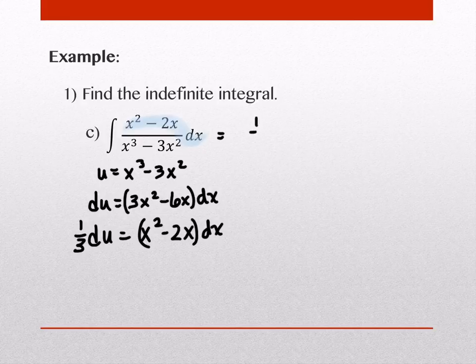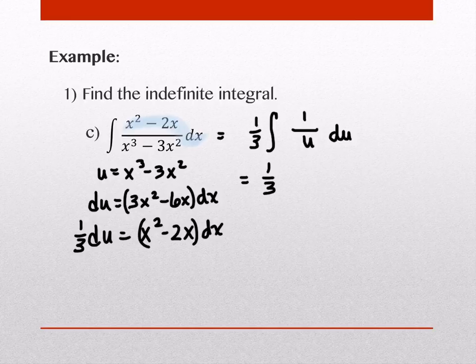I always write my 1/3 in front because I don't want to mix it up with everything else. It just simplifies it in my mind. And I always write my du at the end. You could certainly write it on the top of the fraction, but you don't have to. I write a 1 on the top of my fraction. 1 du is the same thing as du. What's going to go in the denominator of this fraction? U, because that's what we let our u substitution be.